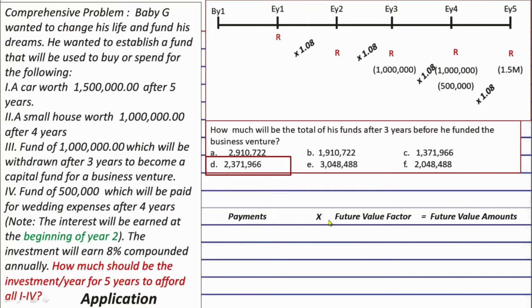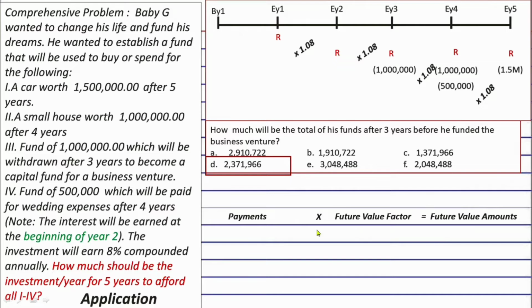Okay? So although in the present value, there are differences, but it's very similar to this one. Although this here will become present value factor when we talk about present value, and this here will become present value amounts. Anyways, my point is they are similar. This format is always needed when computing for time value of money problems.